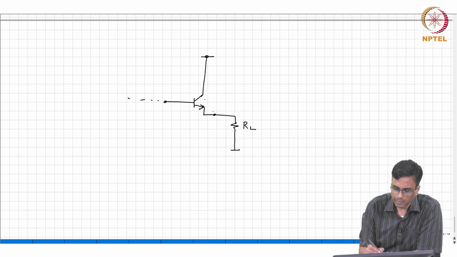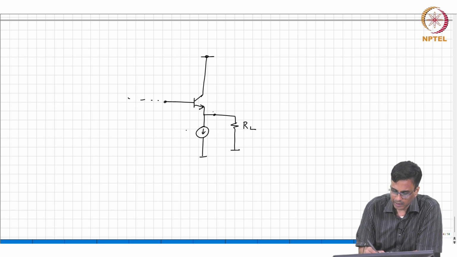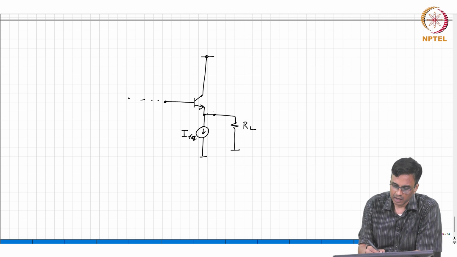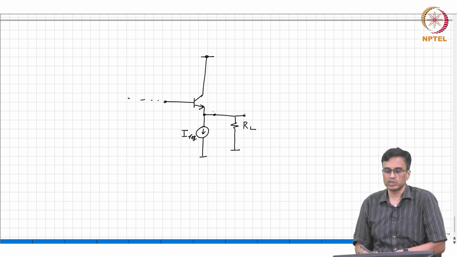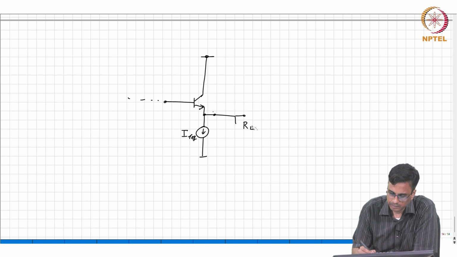So, what is the cutoff limit for this transistor? Let us say this is the common collector, with some IREF. What is the voltage swing at the output which will cause the transistor to get cut off? Remember the load is connected to analog ground, which is VCC by 2.